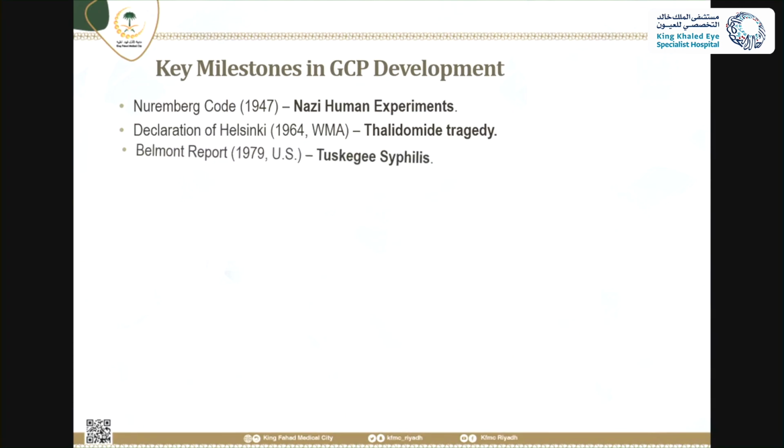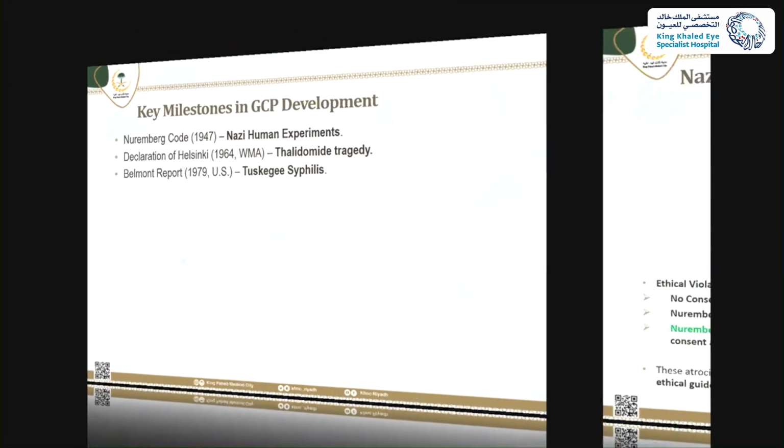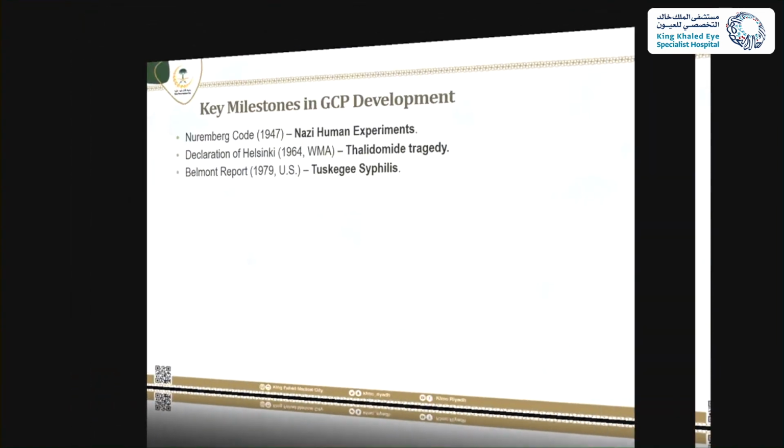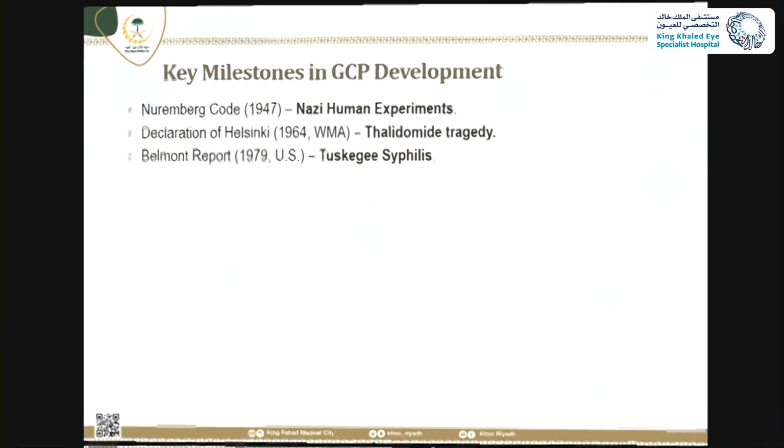So these are the major ethics guidelines that developed within the last century. The Nuremberg Code was established in 1947 as a response to the Nazi experiment.